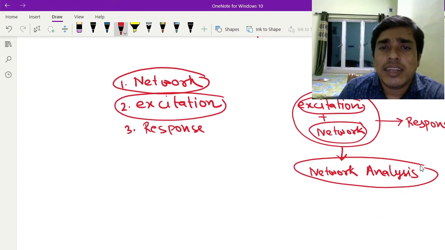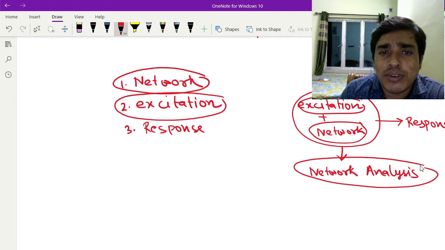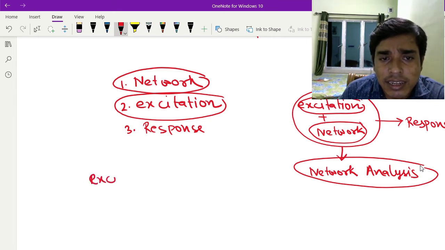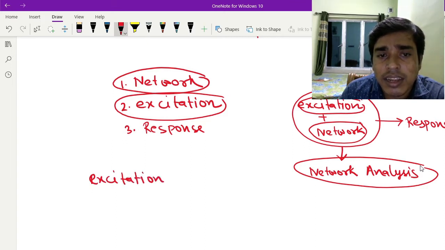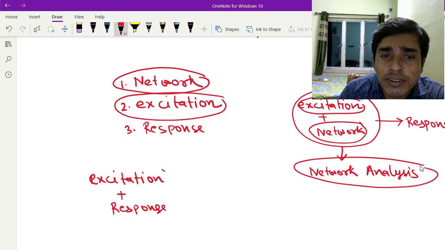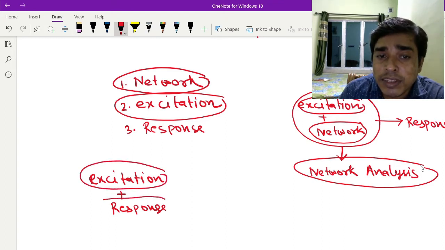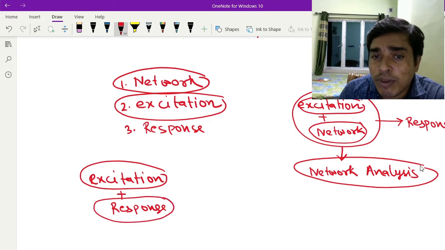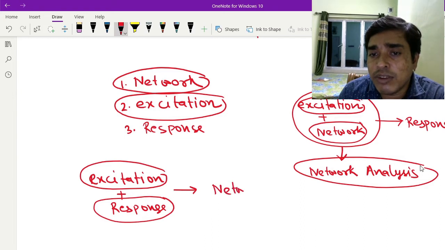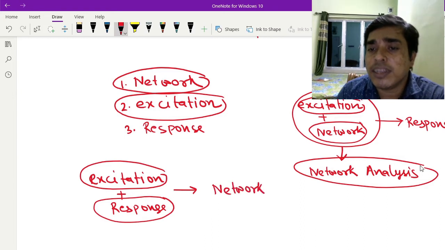But if your known factors are excitation and response, so for some specific excitation you have to generate some specific response, for this you have to design a specific network.